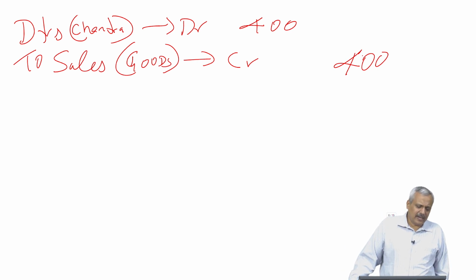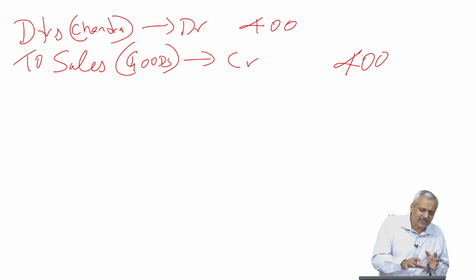Now, sir, why are you writing DRS next to Chandra? Why are you writing CRS? Please note, debtors is a consolidation of all the entities, individuals, etc., who owe money to my company for the purchases that they have made.